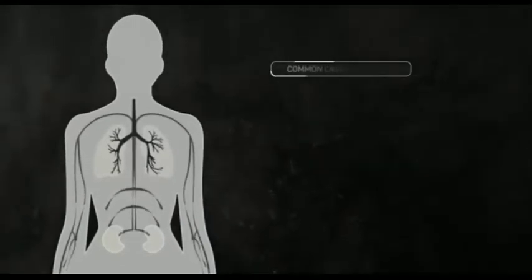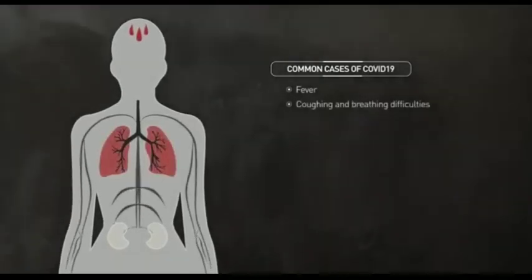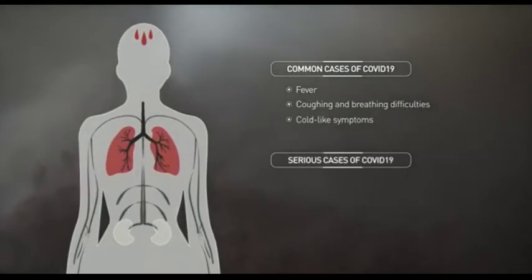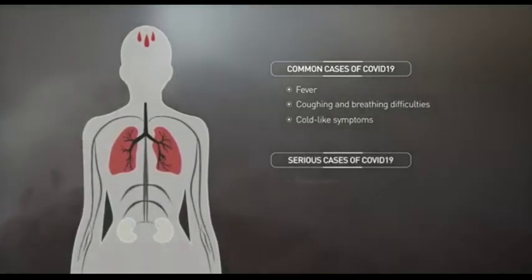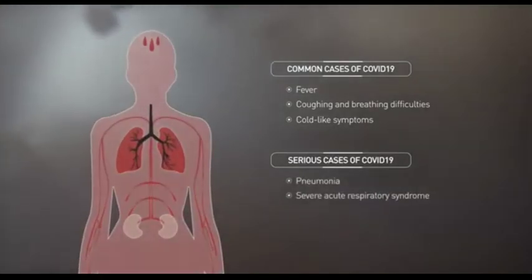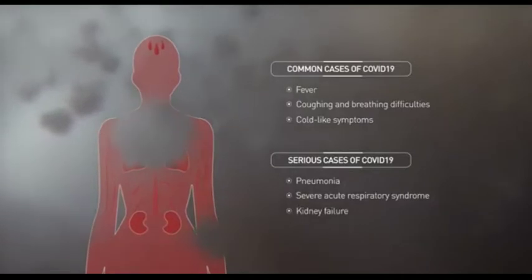Infection caused by SARS coronavirus 2 is known as COVID-19 and can cause fever, coughing and breathing difficulties, along with cold-like symptoms. Serious cases of COVID-19 can cause pneumonia, severe acute respiratory syndrome, kidney failure, and can lead to fatalities.